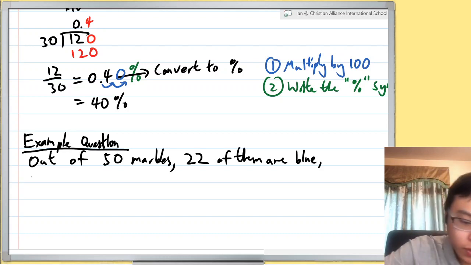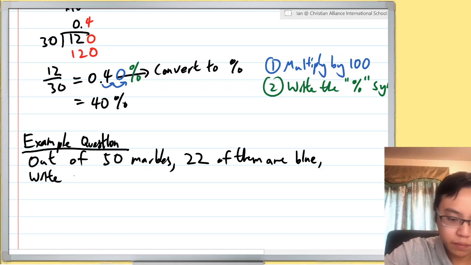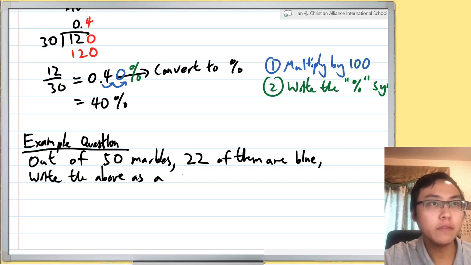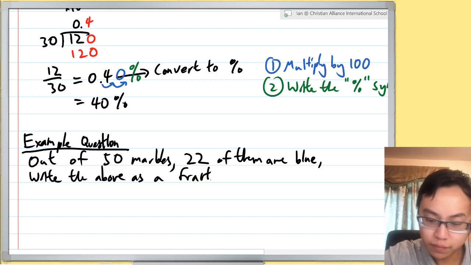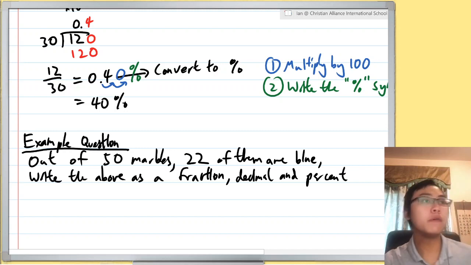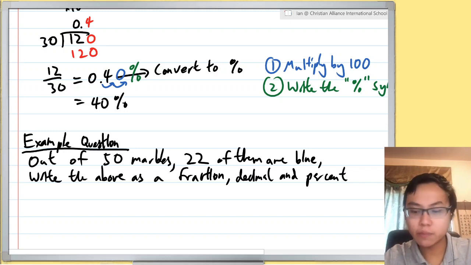And so write the above as a fraction, decimal, and percent. We want to write it as a fraction, decimal, and percent.